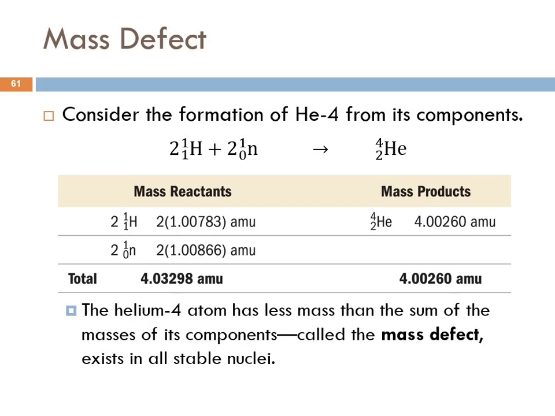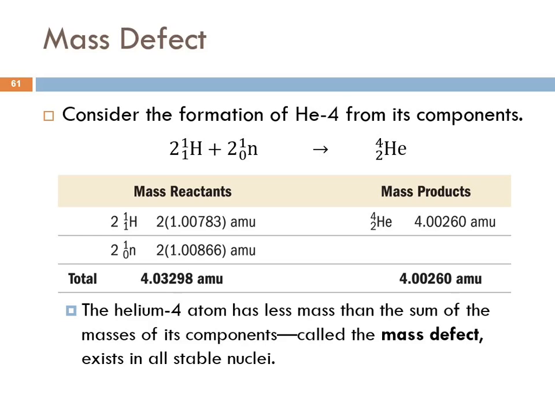So that brings us to a concept called mass defect. Let's look at the formation of a stable nucleus from its components. Helium-4 is a stable nucleus of helium. So if you combined 2 hydrogen atoms and 2 neutrons, that would get you a helium-4 atom.